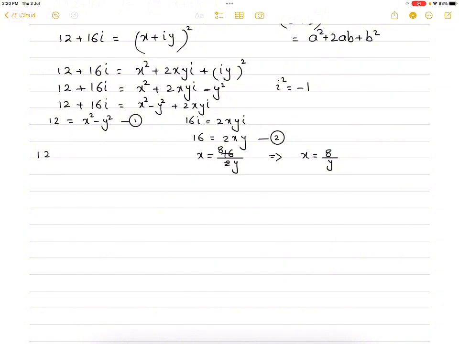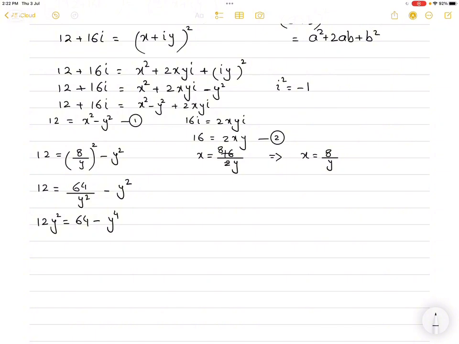So put this value of x, which is 8 over y, in equation number 1. So it becomes 12 equals, in x squared, I have to write (8 over y) whole squared, minus y squared. 12 equals 64 over y squared minus y squared. So it becomes 12y squared equals 64 minus y to the power 4. I took y squared as the LCM.